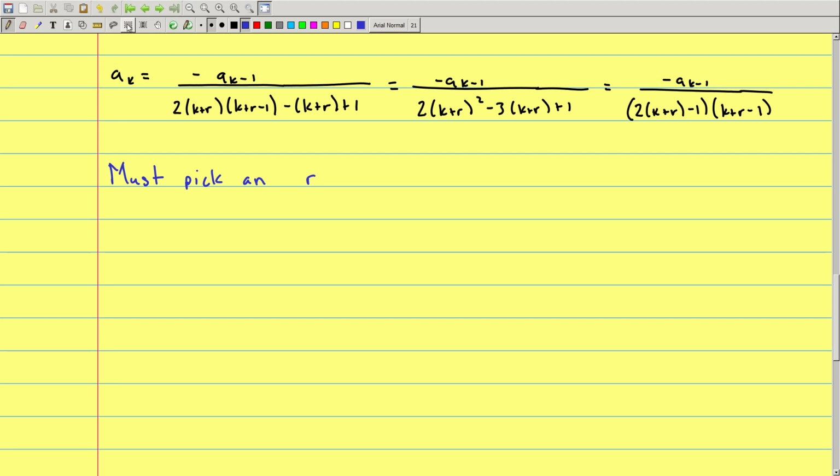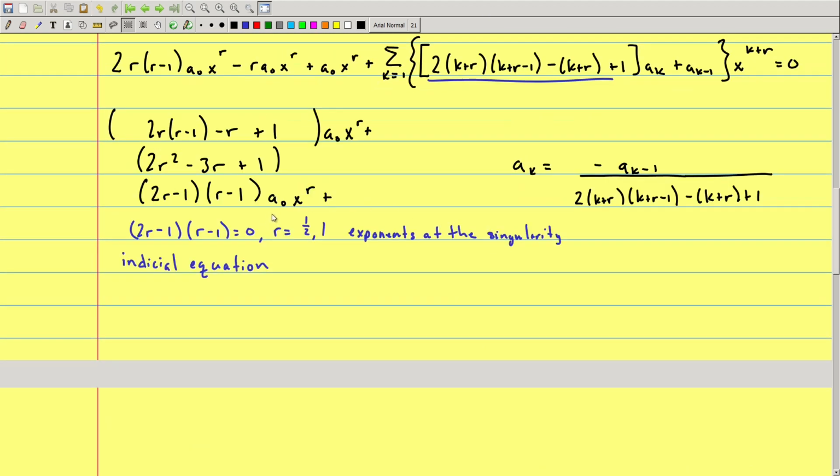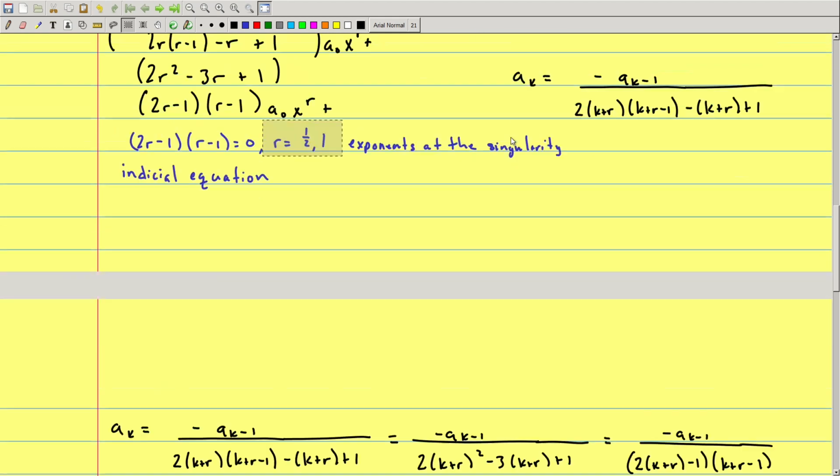The whole point of our work with the indicial equation on the previous page was to allow us to determine what those exponents at the singularity are. So one of our solutions is going to be for one of the exponents of the singularity, and the other solution will be for the other one.